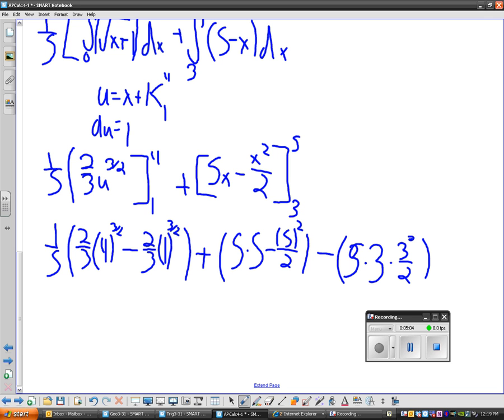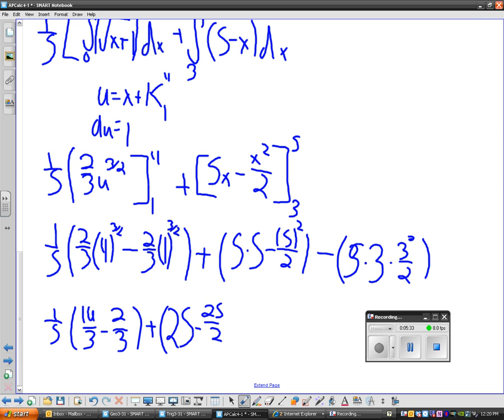Okay, once you simplify that, you have 1/5 times, actually, we'll skip steps, 16/3 minus 2/3 plus 25 minus 25/2 minus 15 plus 9/2.